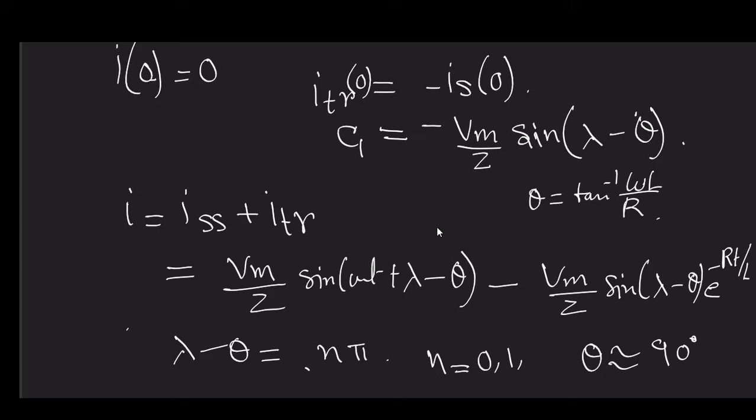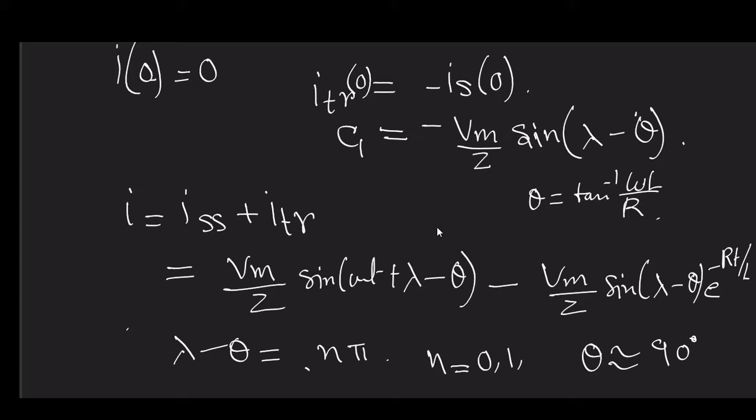That is contrary to our common idea. Initially we had a notion that if we switch at omega t equal to 0, or lambda equal to 0, when the voltage itself is 0, then we can ensure the minimum current flow through our circuit.